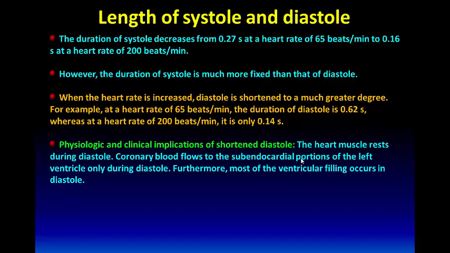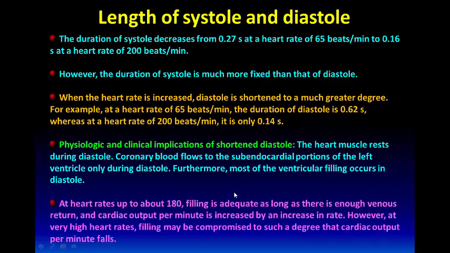Furthermore, we know that most of the ventricular filling occurs in diastole. So at heart rates up to 180 beats per minute, ventricular filling is still adequate as long as there is enough venous return, and the cardiac output per minute is increased as a result of the increase in the heart rate.